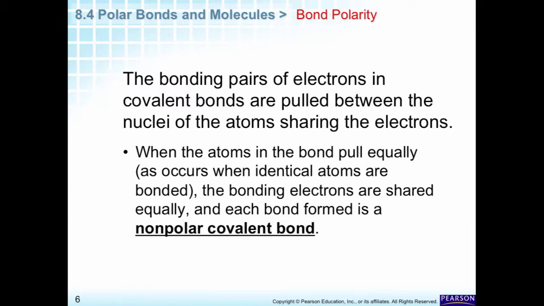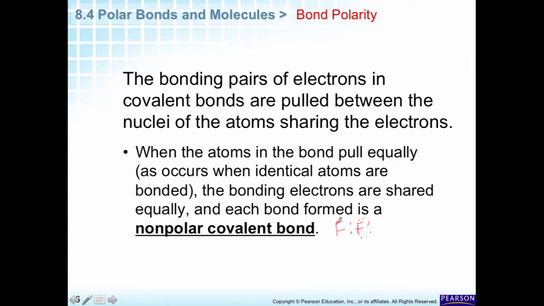When you've got equal pull, we have what we call a nonpolar covalent bond. An example of a nonpolar covalent bond is something like our diatomic molecules, something like F2.